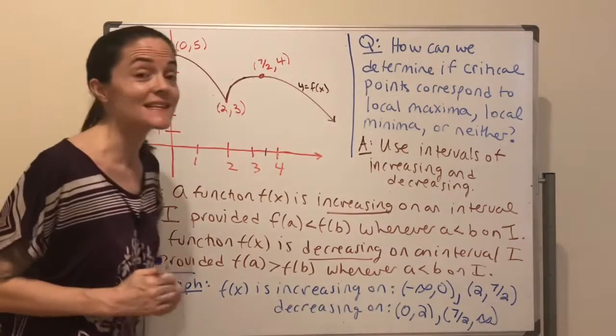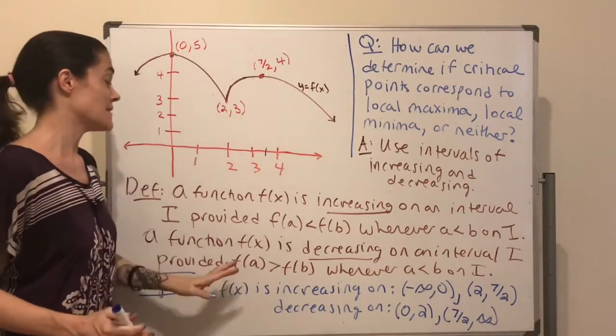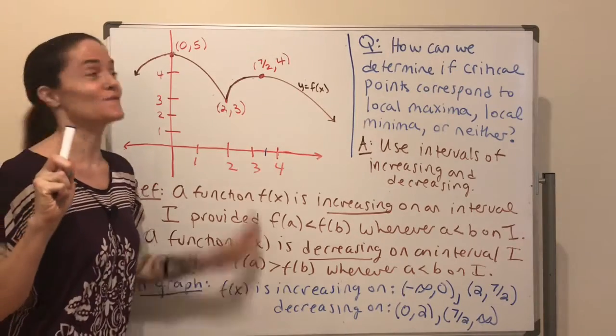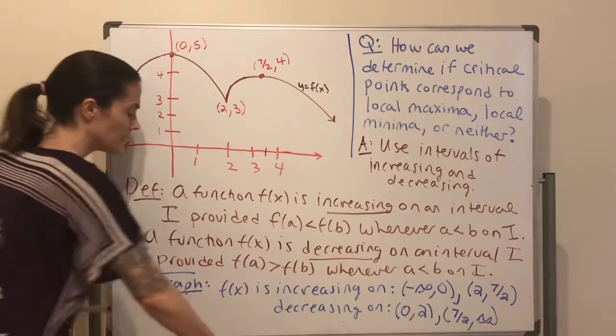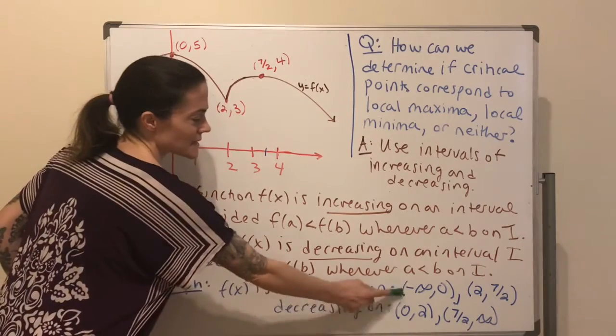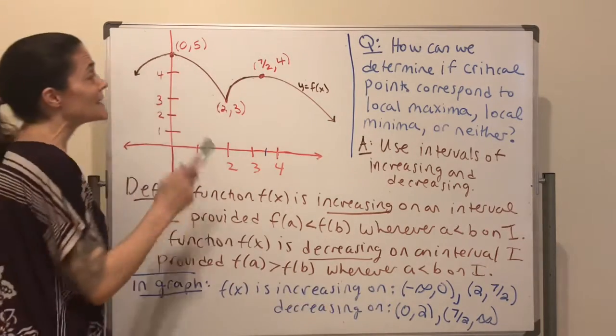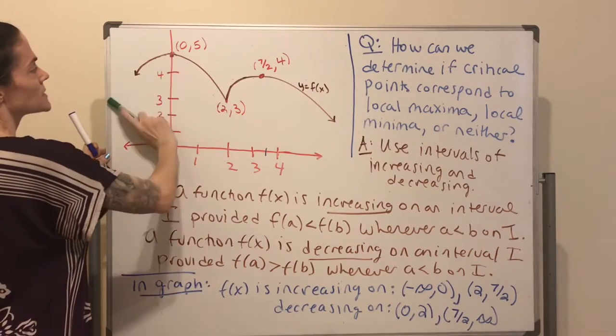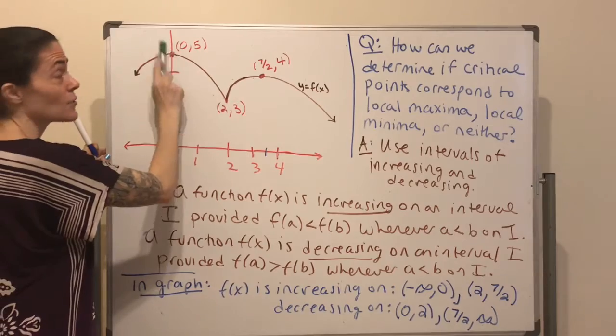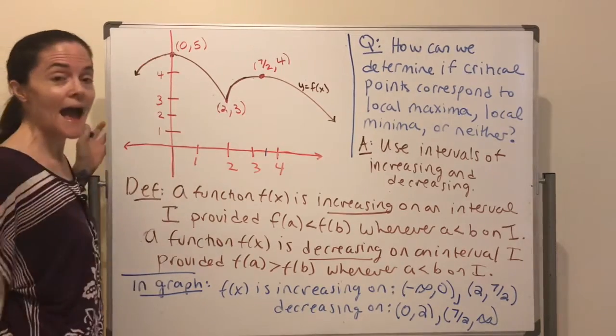Okay, so we have listed, just looking at the graph, the open intervals where this function is increasing and decreasing. And what you see here is that these intervals are definitely related to where we have local max and min, because here we have a local max, we are increasing up to that local max, and then we are decreasing after.